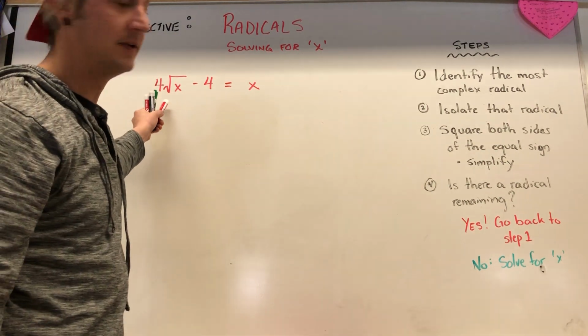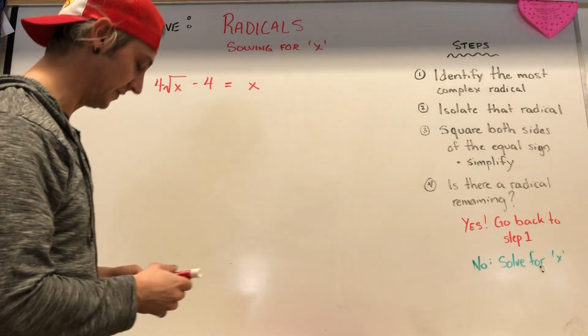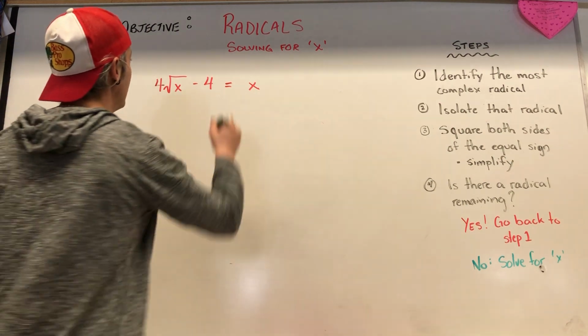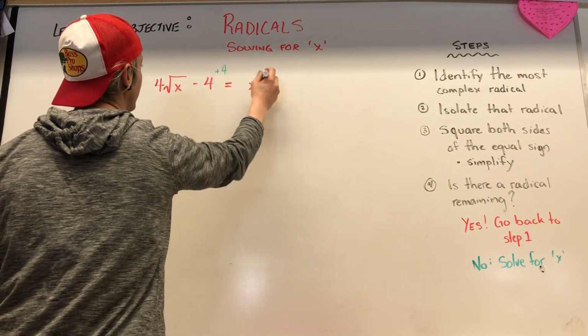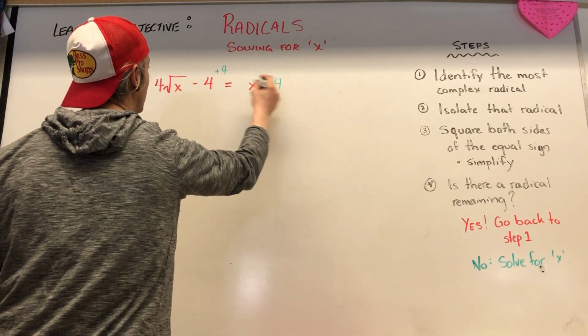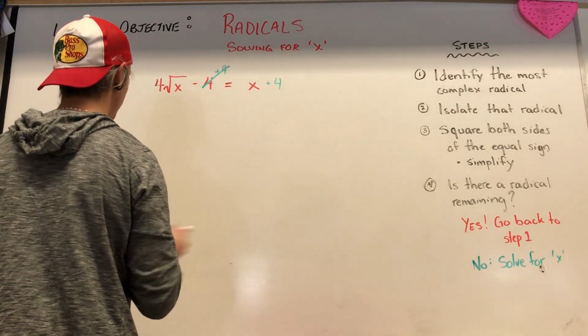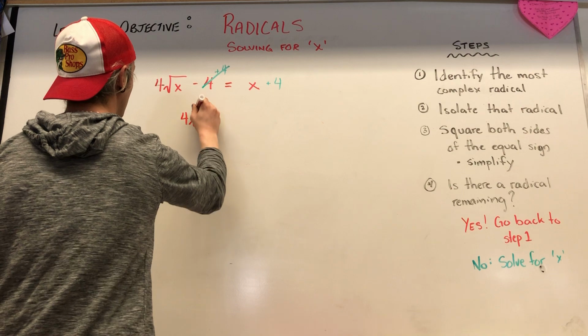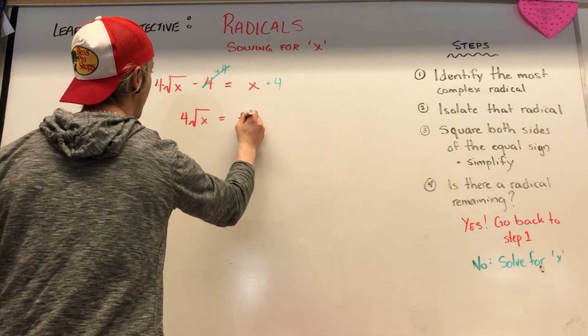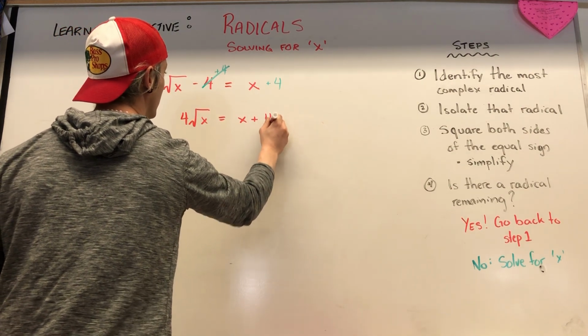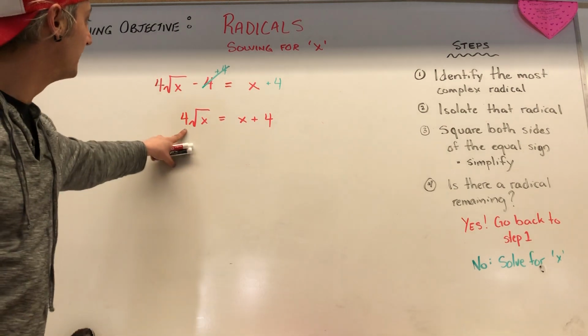I only have one, and that's it. So I'm going to isolate that radical. In this case, to isolate that radical, I'm going to have to add 4 to each side, which will leave me with 4 root x equals x plus 4.